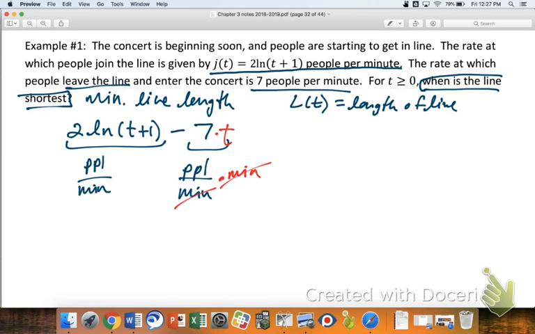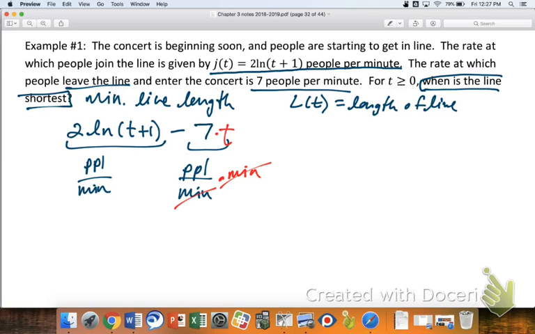Please don't correct him if he says it wrong, because you'll probably get a worse ticket. But do you see why that's ridiculous? For me to say, I've got some people per minute, and I'm going to subtract a number of people from that, wow, that makes no sense. A rate minus a rate makes sense. An amount minus an amount makes sense, but a rate minus an amount makes no sense.